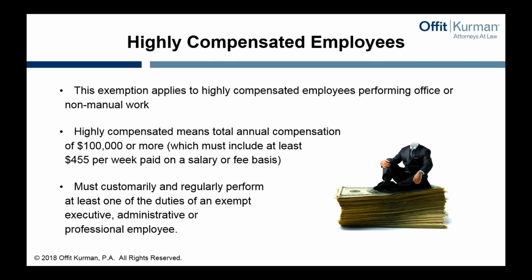And so what it says is that if you make at least $100,000 per year, which can be a combination of salary and bonus or salary and commission, but at a minimum includes the $455 per week in salary, then you can still be considered exempt if, even though it's not necessarily your primary duty, you're customarily and regularly performing at least one of the duties of a white-collar exempt employee.